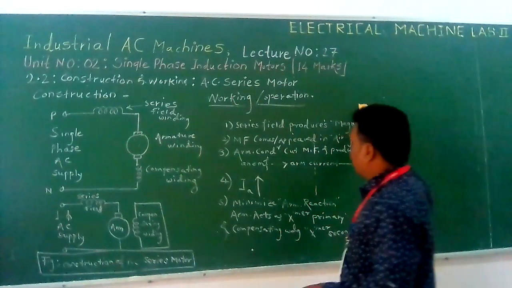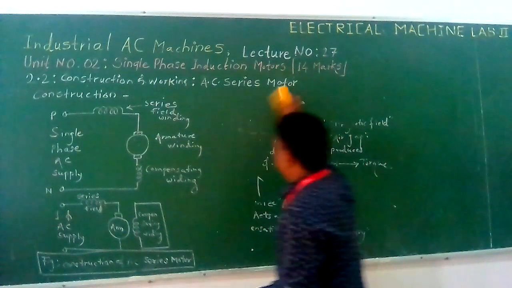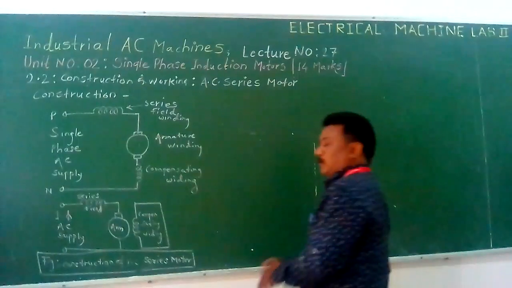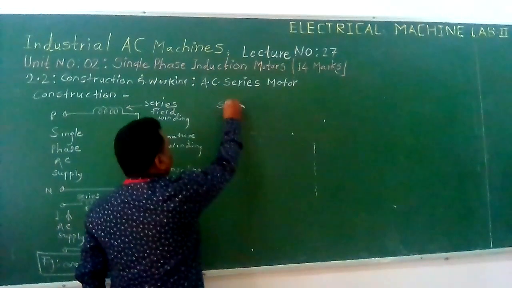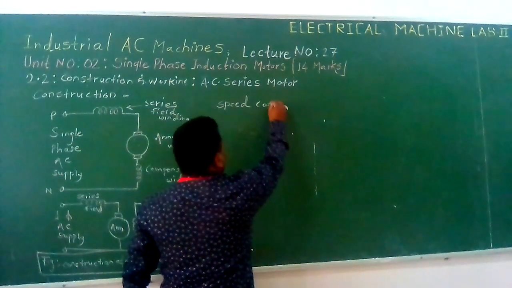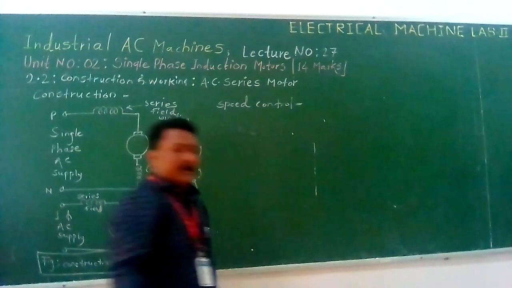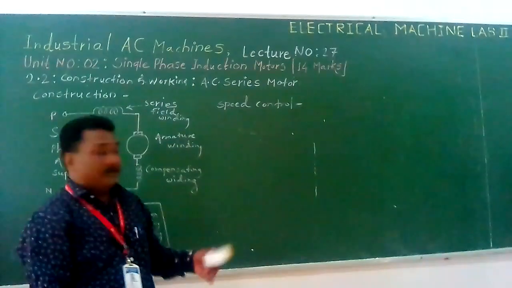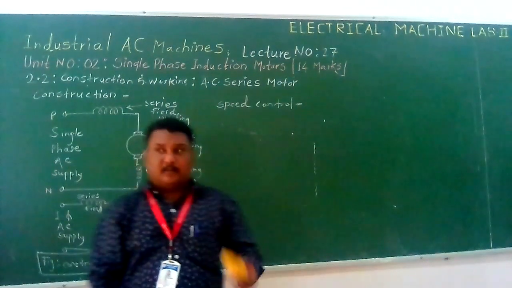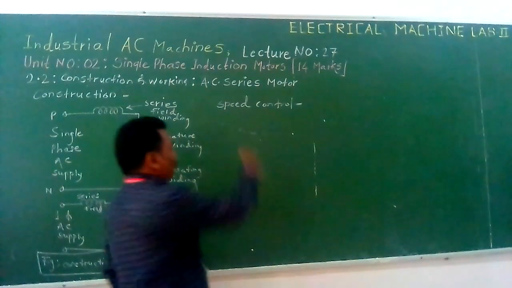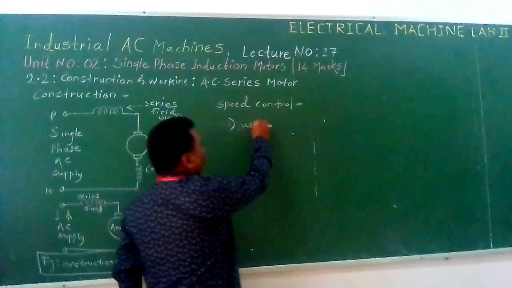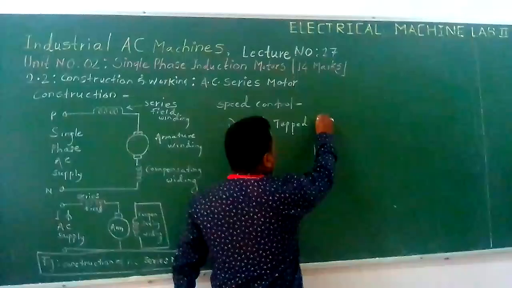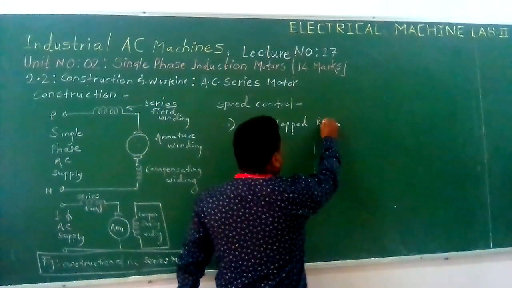So, next topic: speed control. We know that a DC series motor has a wide speed range and its speed control is very efficient. So here, speed control methods are used. Firstly, use of a tap reactor.